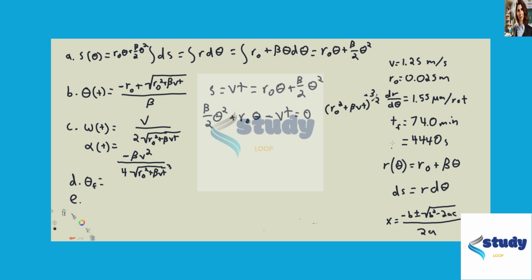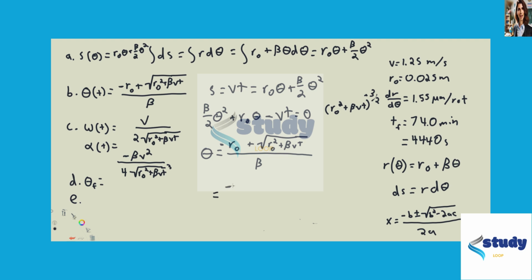So all we need to do is plug in our numbers to our formula. Minus R0 plus the square root, I'm sorry, this isn't squared. This one's squared, of R0 squared plus beta vt, over beta.